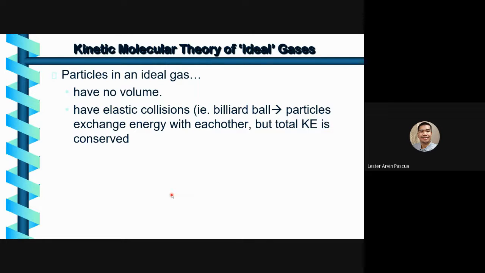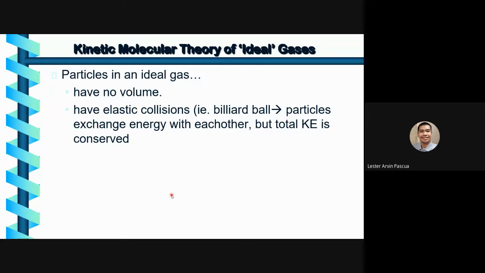So I'll refer to it as a model. Ito yung ginamit na model ng mga nagre-research on gases para mas madaling ma-calculate, mas madaling ma-observe, or mas madaling maka-come up ng generalized equations para ma-calculate yung movement ng gases natin, mga gas particles natin.